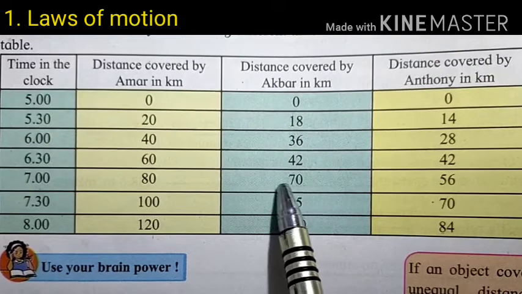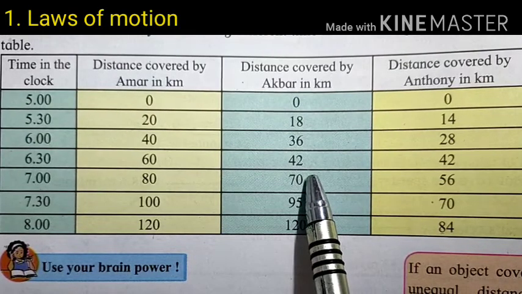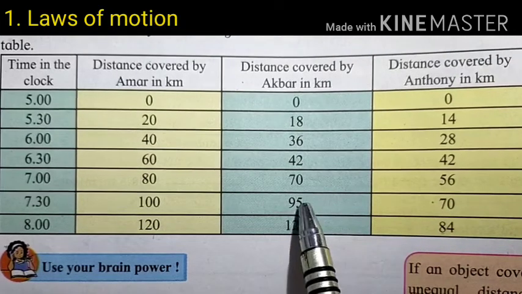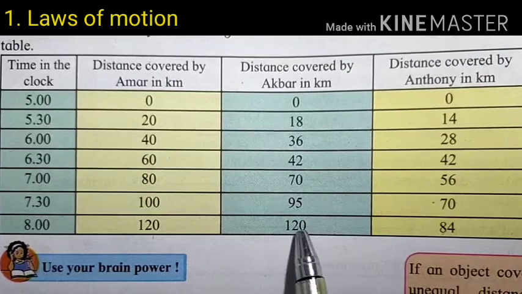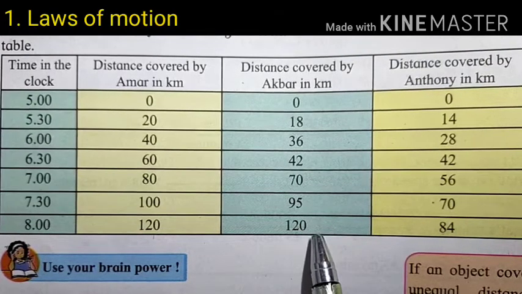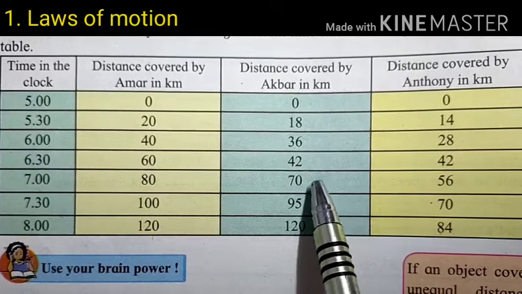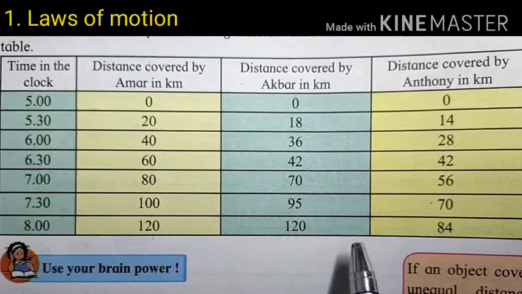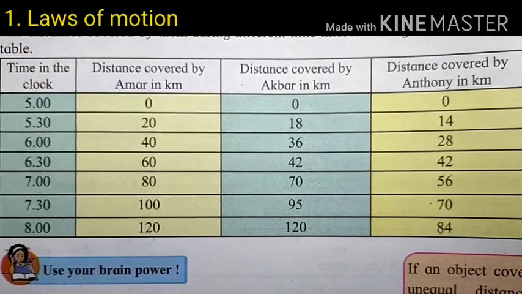Next the total was 70, but if you see the difference, it is 28 kilometer traveled by him within that half an hour. Here we see 25, the actual total traveled by him was 95 and the total here is 120, and the actual is, if you count, 25. So if you count, sometimes 18, sometimes 6, sometimes 28, sometimes 25, sometimes 25. In short, Akbar travels unequal distance in equal interval of time.